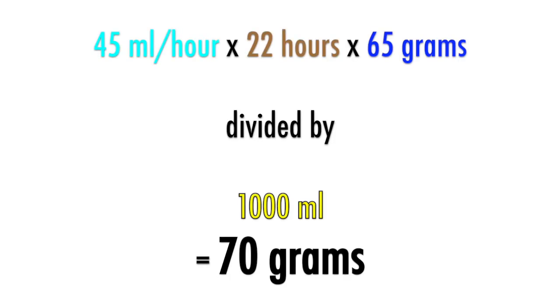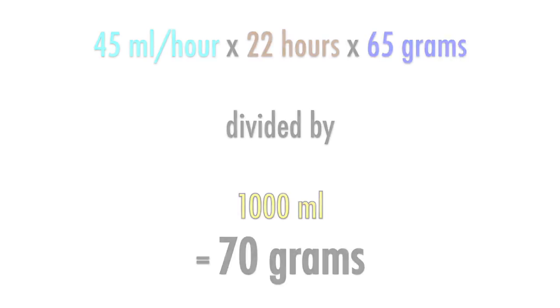When you do all of that calculation, you get 70 grams of protein. So the tube feeding, based on this calculation, is providing 70 grams of protein. And we established earlier she needed 60 grams of protein. So this tube feeding is providing over 100% of her estimated needs.